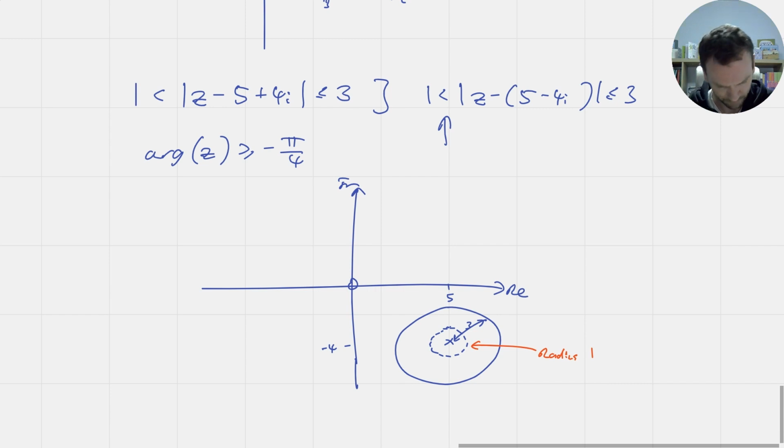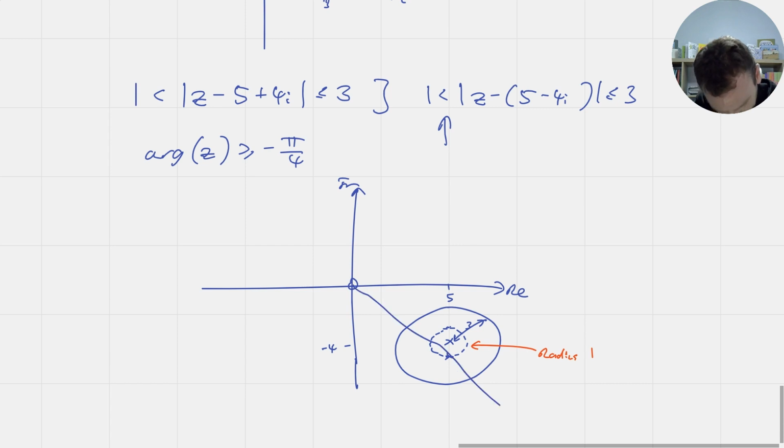Now, it's worth considering where this line is going to come in relation to our circles, because I've not drawn the perfect scale here. If I'm going at an angle of pi over 4 below, or 45 degrees below, that means when the real part's 5, the imaginary part will be negative 5. So I actually just want to be hitting the very bottom of the circle.